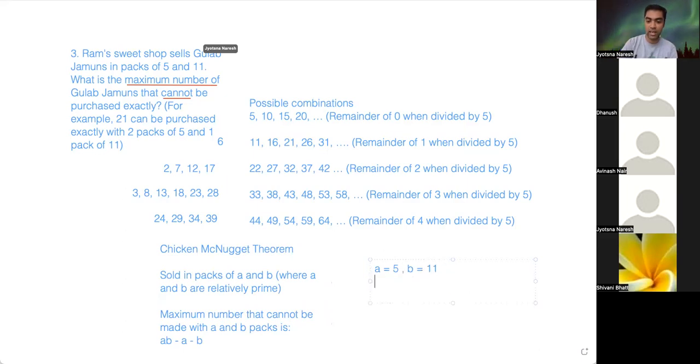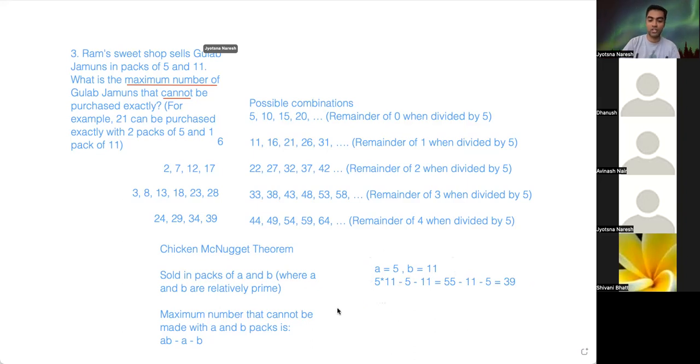So what does AB minus A minus B give us here? 55 minus 11 minus 5 equals 39.